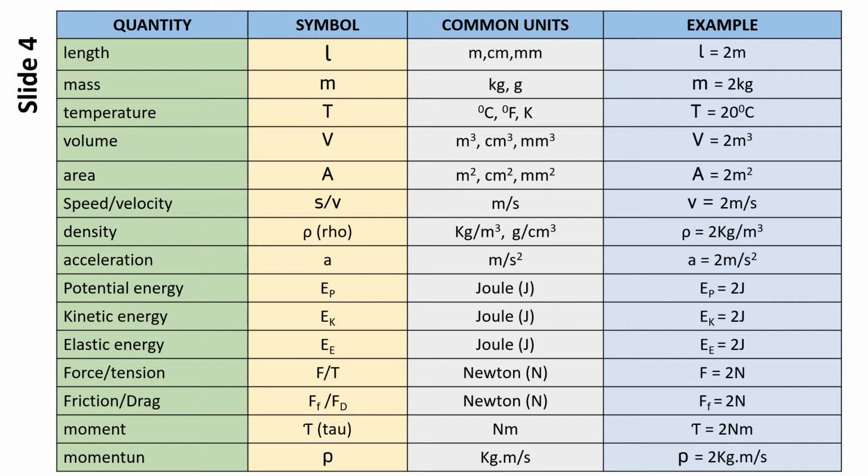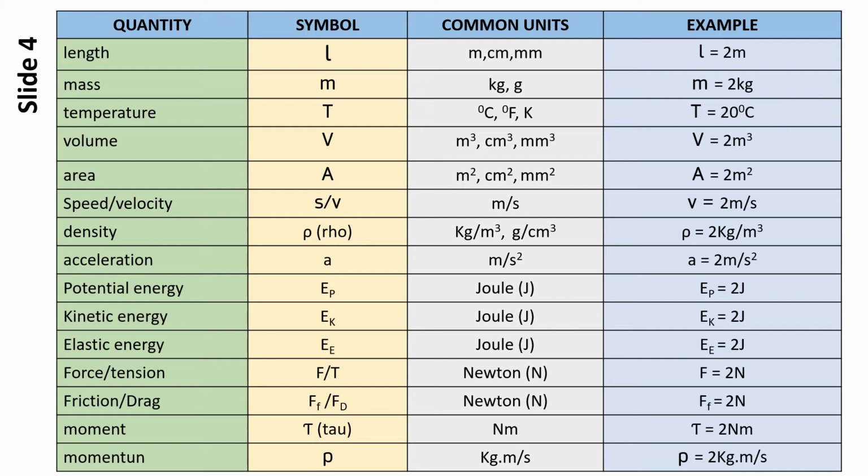Here is a table with common physics quantities with the symbol, common units, and an example on how to write using the symbol, the equal sign, the numerical value, and a unit. So here we have, for example, for length, letter L, common units, meter, centimeters, millimeter.